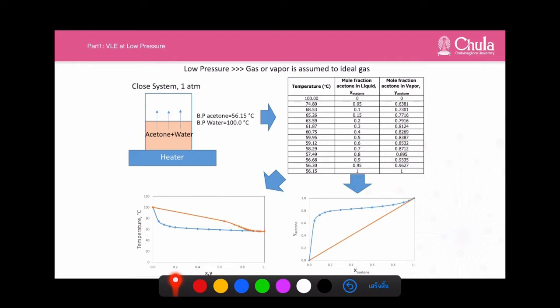The mole fraction of acetone in liquid phase is shown as the blue line, while the orange line represents the mole fraction of acetone in vapor phase.